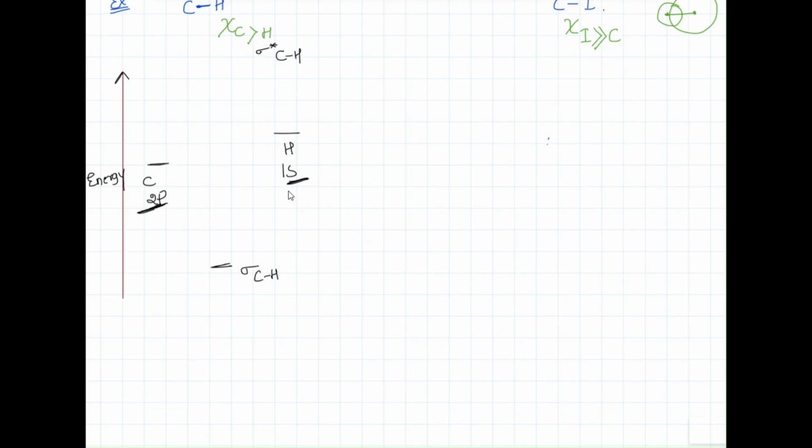Effective overlapping means we know that large splitting will occur in bond formation, right? Hence, the energy difference between sigma C-H and sigma star C-H is more. Large energy gap, right?